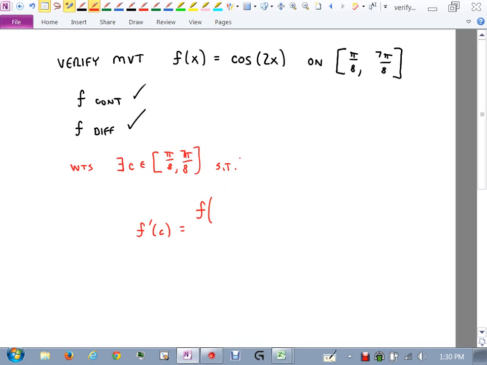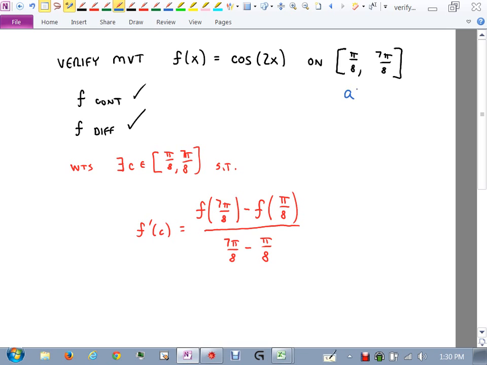f of 7 pi over 8 minus f of pi over 8 over 7 pi over 8 minus pi over 8.